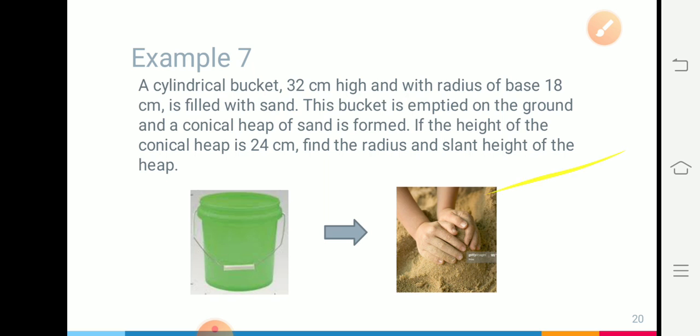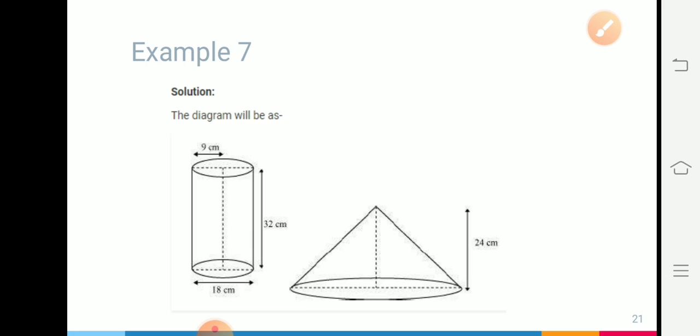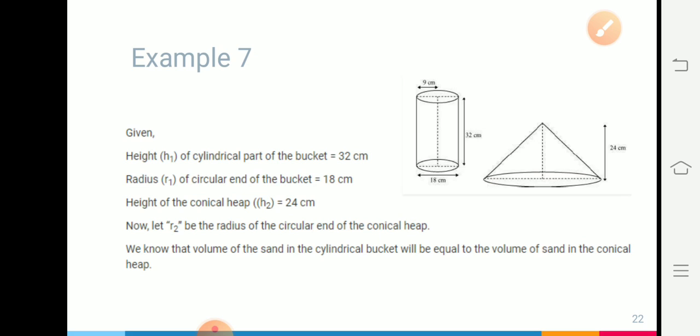Okay, let us proceed. So this is how the mathematical diagram appears like. So you have the height of the cylinder given, the diameter given, so you know the radius, and plus the cone, you know only the height is 24 centimeter. So this is what is given.